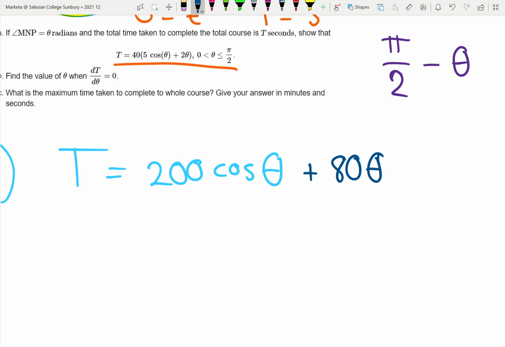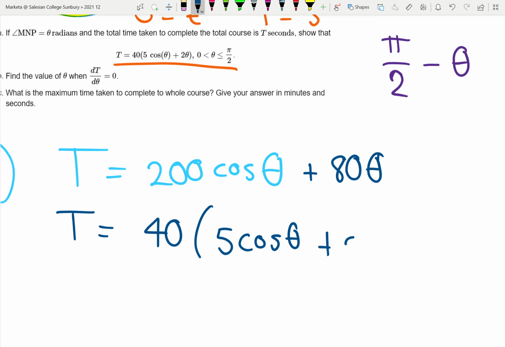And it doesn't look exactly the same, but I think if I take out a 40, yes indeed, 40 times 5 is 200. 5 cos theta plus 40 times 2 is 80. So there we go. Therefore, T equals that as shown, as required, QED, one of those things.